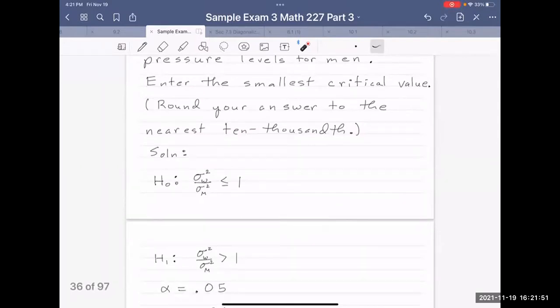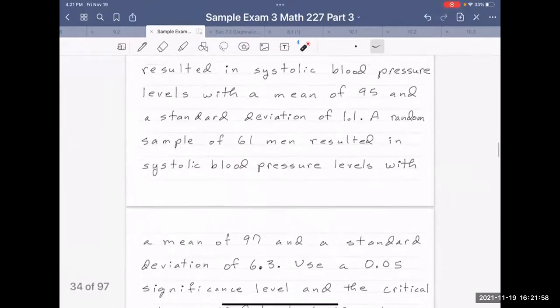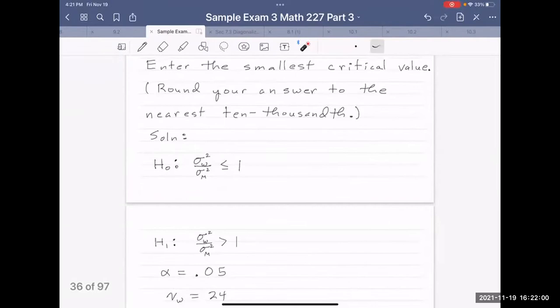So is the variance for women greater than the variance for men or not? The null hypothesis is that the ratio of the variance for women to the variance for men is less than or equal to 1. The alternative hypothesis is that the variance for women divided by the variance for men is greater than 1.